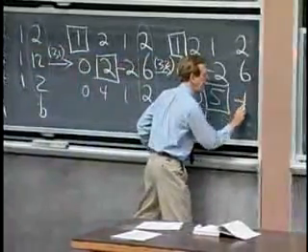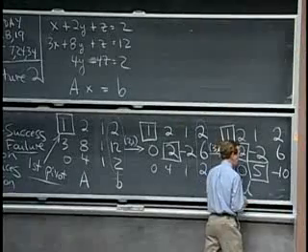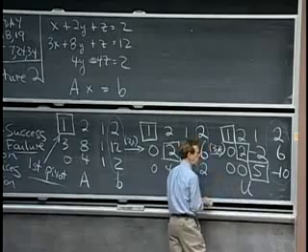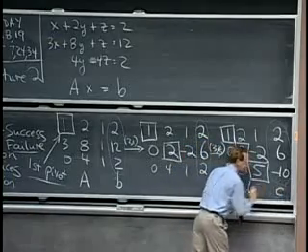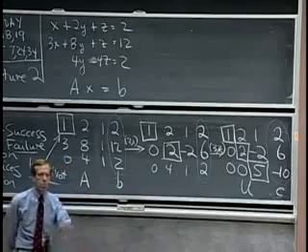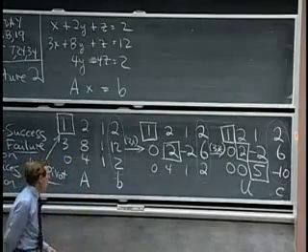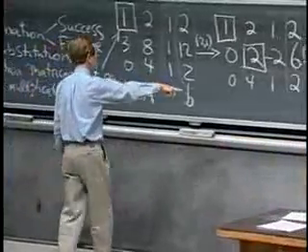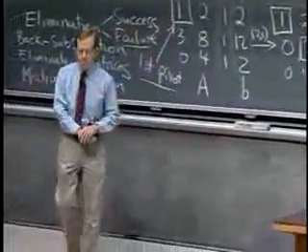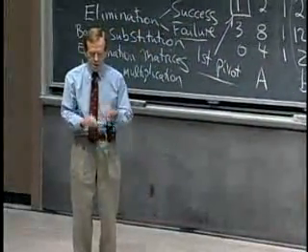Do you think minus 10 is my final right-hand side? The right-hand side that goes with U, and let me call that once and forever the vector c. So c is what happens to b, and U is what happens to A. Okay, there you've seen elimination clean.